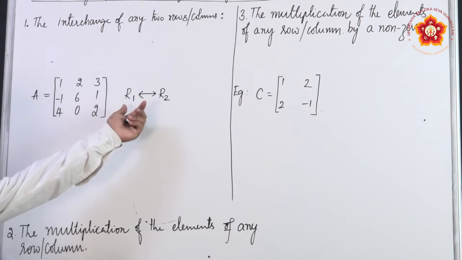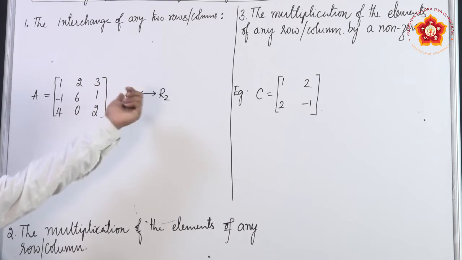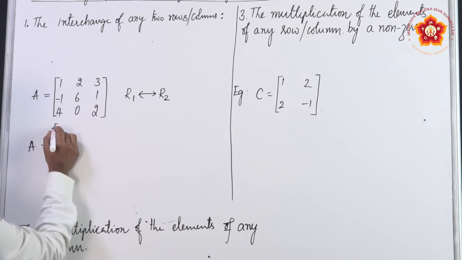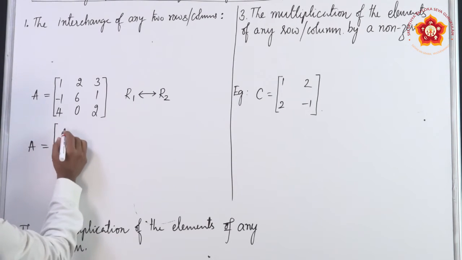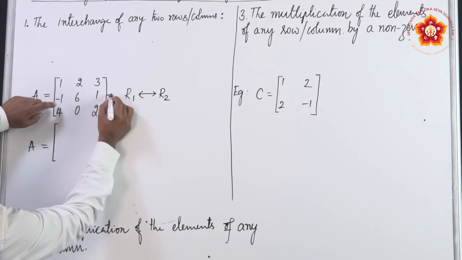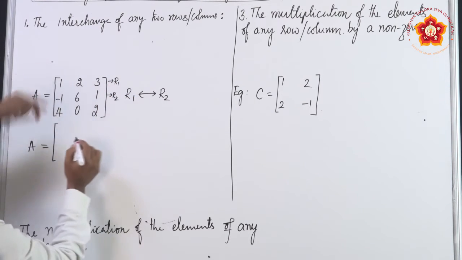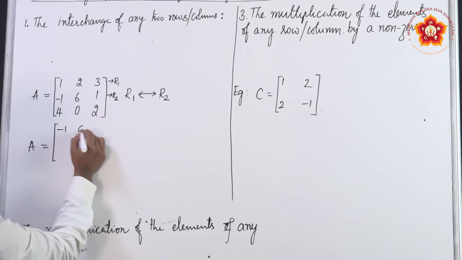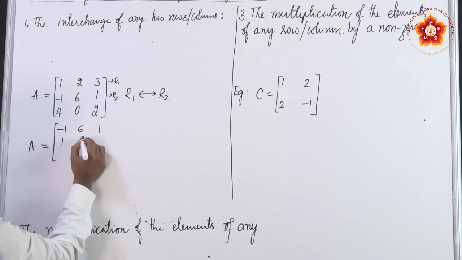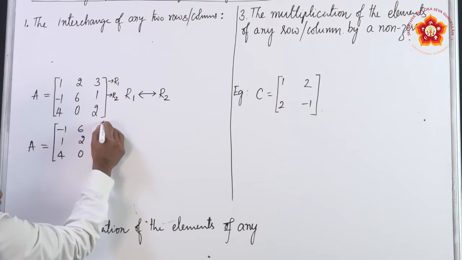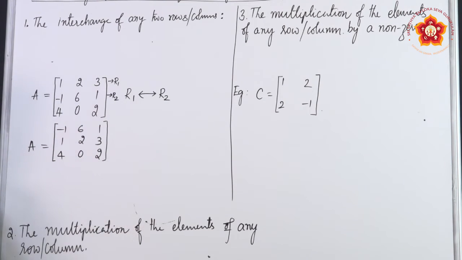So we are interchanging R1 as R2 and R2 as R1 here, and this matrix becomes A equal to: this is R2 and this is R1, so -1, 6, 1, 1, 2, 3, 4, 0, 2. This is how the operation is done.